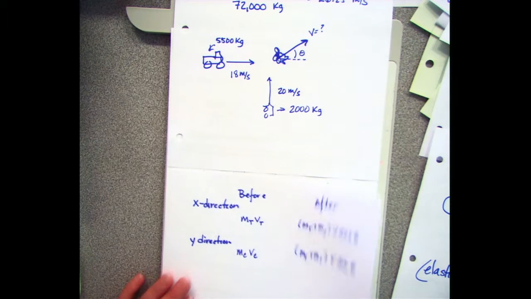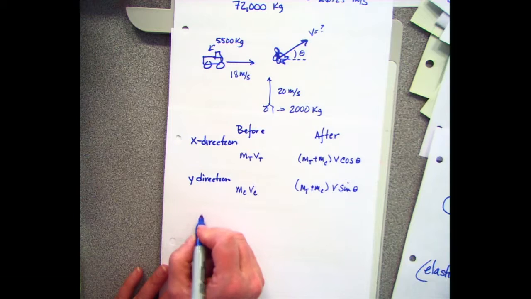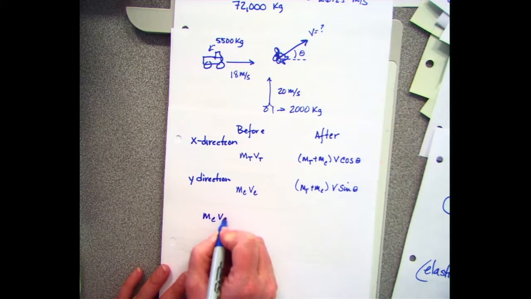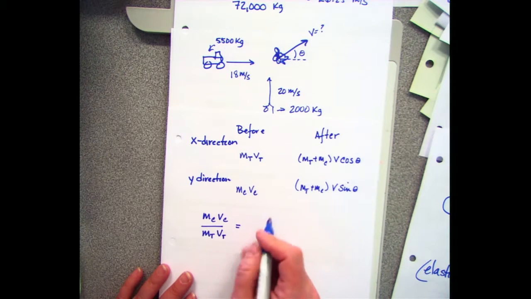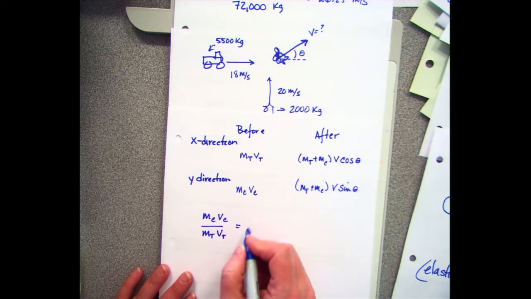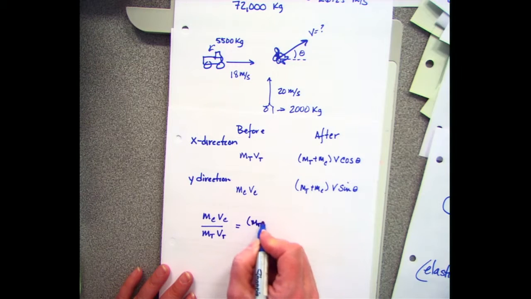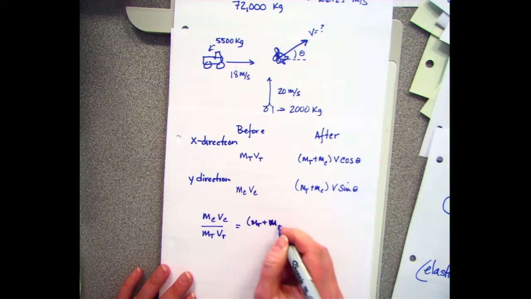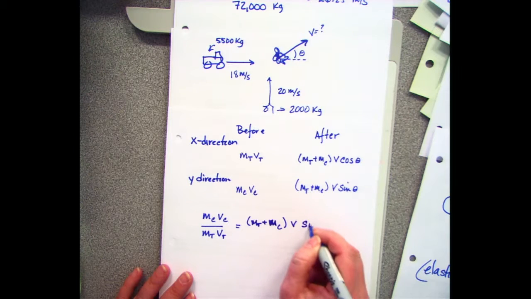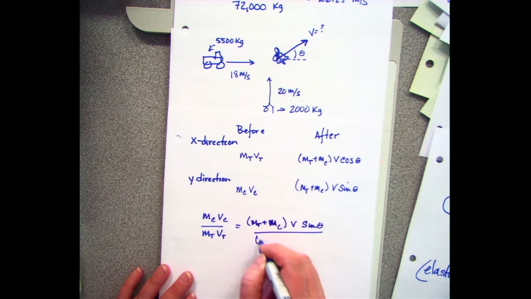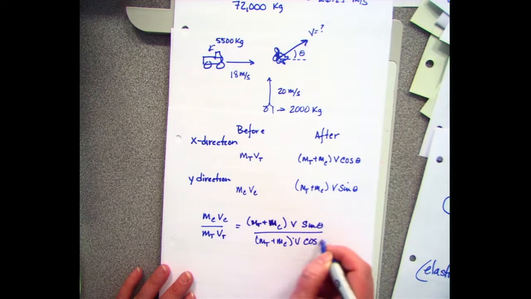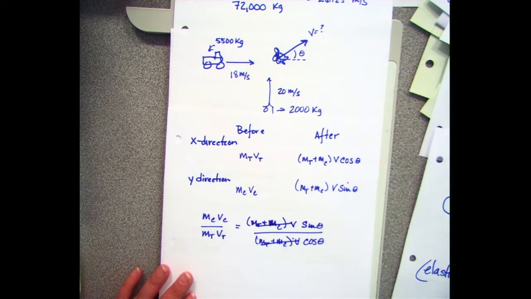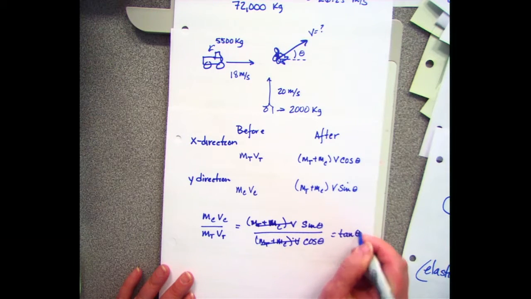Now I can use my algebra trick, right? Where I can take the mass of the car, velocity of the car, divided by the mass of the truck, velocity of the truck, is equal to the mass of the truck plus the mass of the car, velocity, sine of the angle, divided by the mass of the truck plus the mass of the car, velocity, cosine of the angle. These terms cancel. That equals the tangent of the angle.